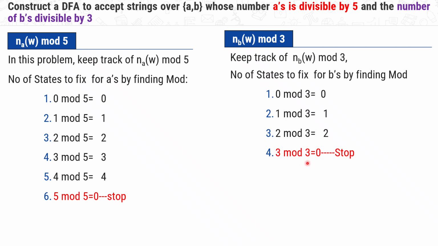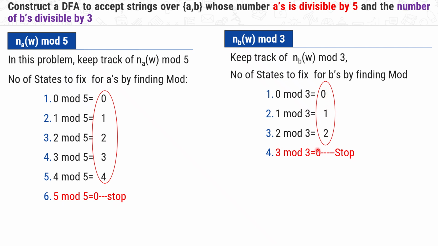Again, if I keep dividing by 3 for the remaining numbers, we get the same remainders 0, 1, 2. This fixes the number of states for B's. Look at this: 5 remainders give 5 states, and 3 remainders give 3 states.